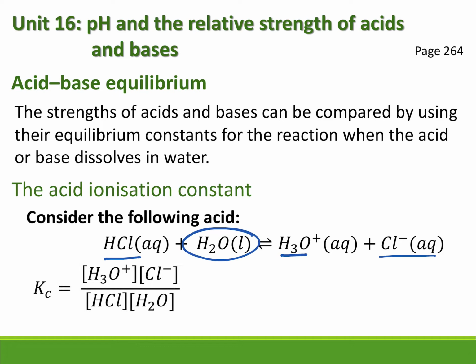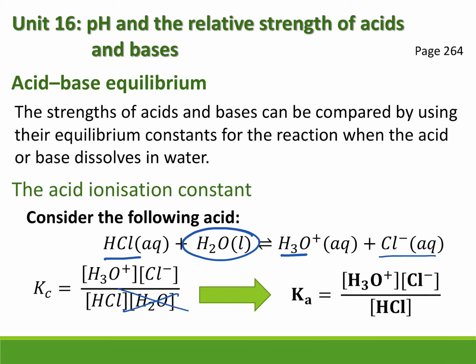We would have gone, fine, let's put the equilibrium constant, remembering we don't put the H2O in because it is a pure liquid, which then means that my equilibrium constant is the products, H3O+ times the Cl-, divided by the reactants, just like before. But now what I want you to see is this has become a Ka, because it's the equilibrium constant for an acid. So it's very specific, okay?